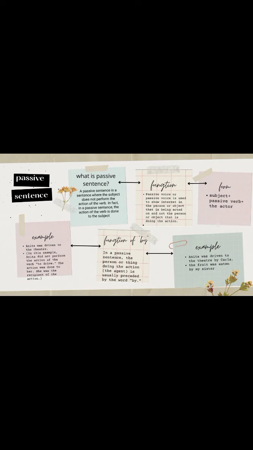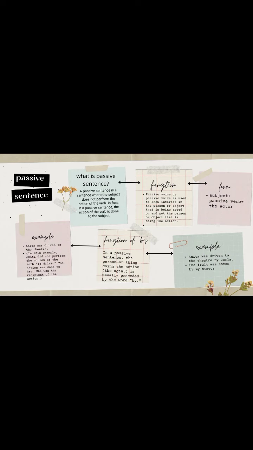Now we move to the next main point of the passive sentence, which is form. For the form of passive sentence in this mind map, I put the common form, which is subject plus passive verb plus the actor.